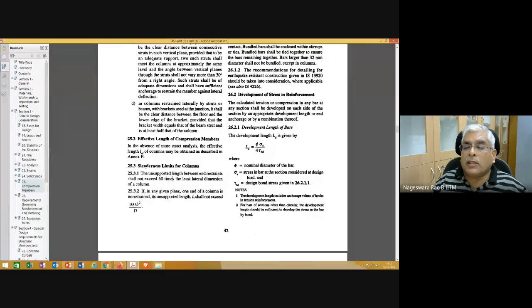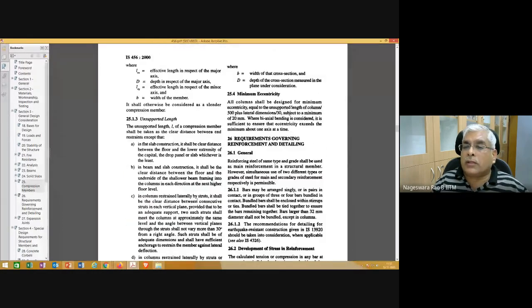Also, once you complete your design, you need to do one more check and see whether the column that you designed satisfies the slenderness limits given under 25.3. That also we'll make a note of in today's class when we are seeing the numerical examples.